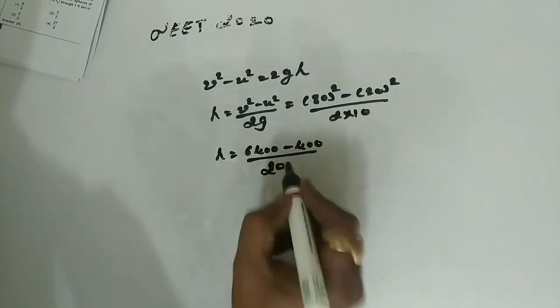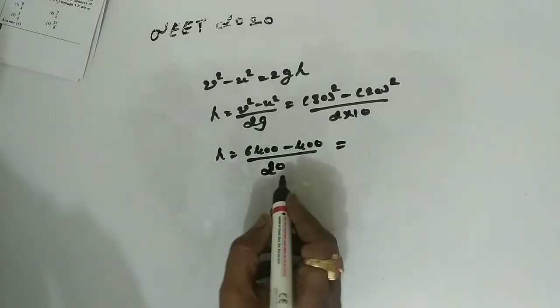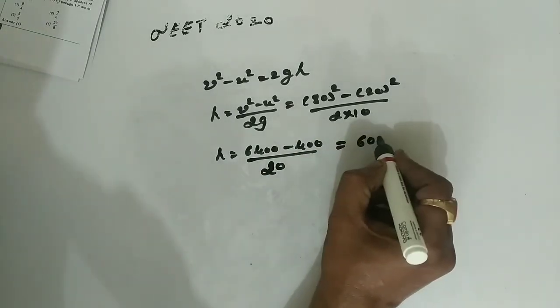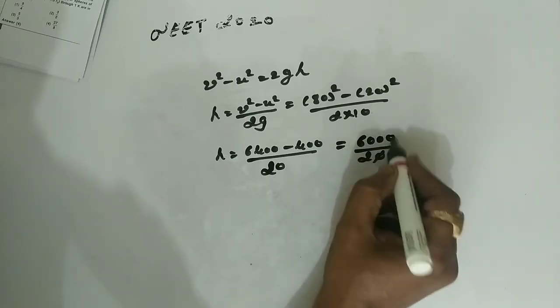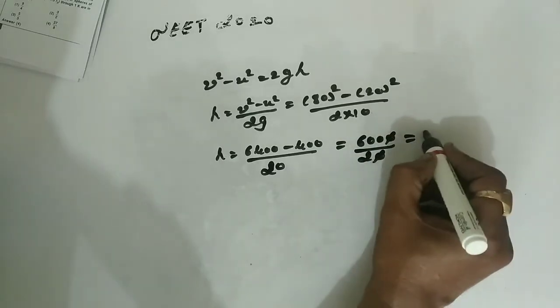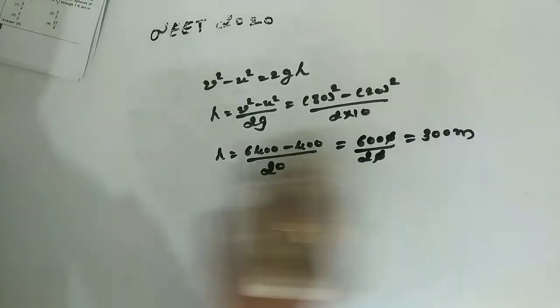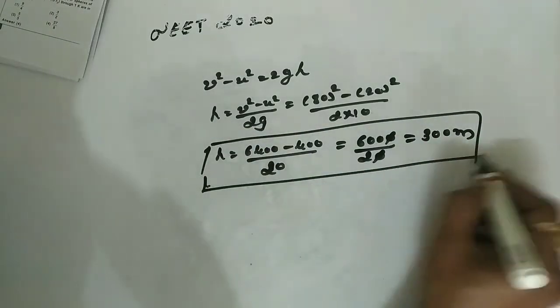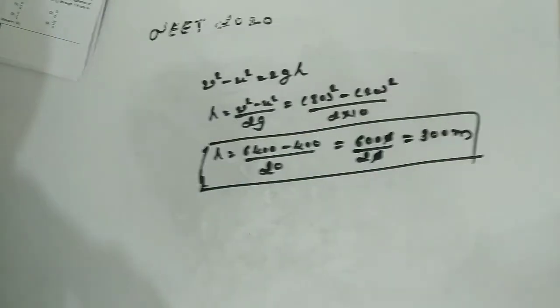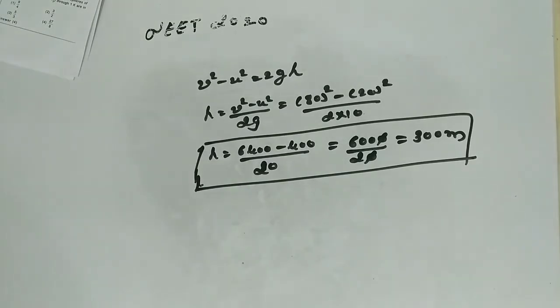Sorry, 2 into 10, 20. 6400 minus 400, 6000, divided by 20. Both zeros cancel. 600 by 2, 300 meter. This is your answer. Right. Have a look once. Easy.